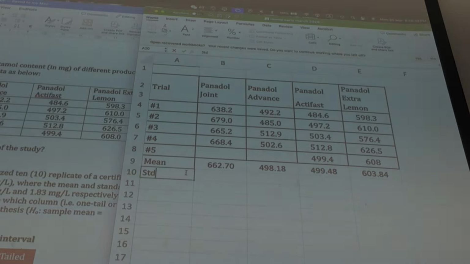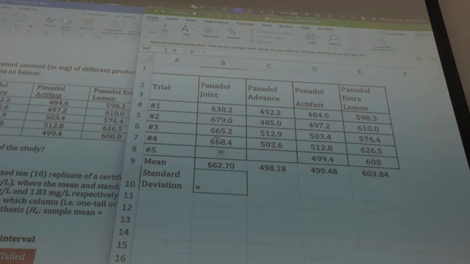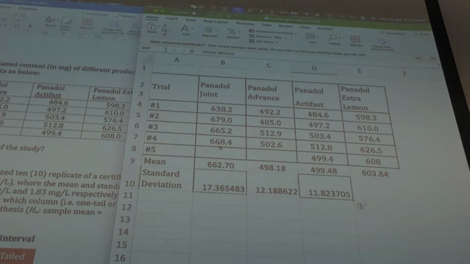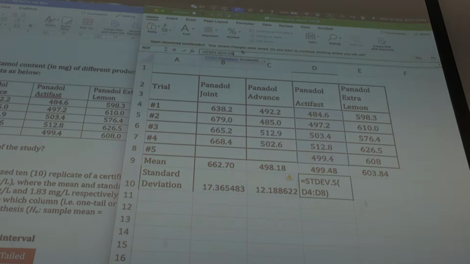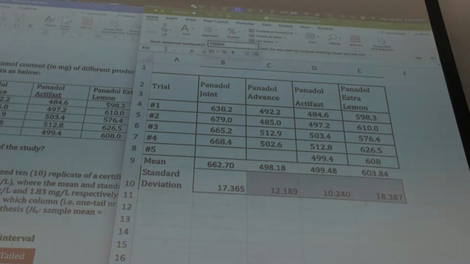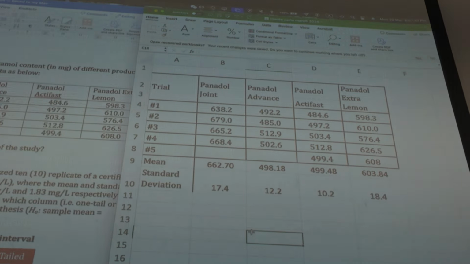And how about the standard deviation? Okay, so that is the standard deviation.